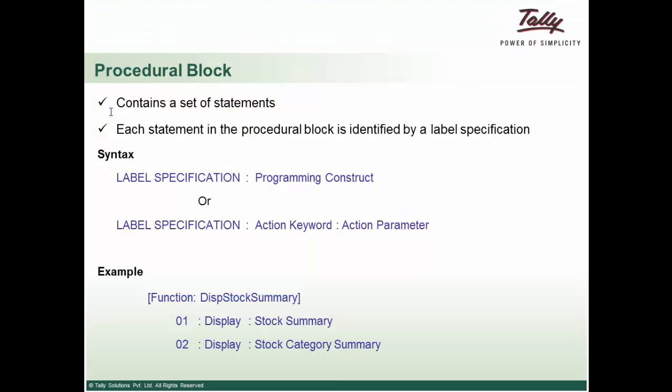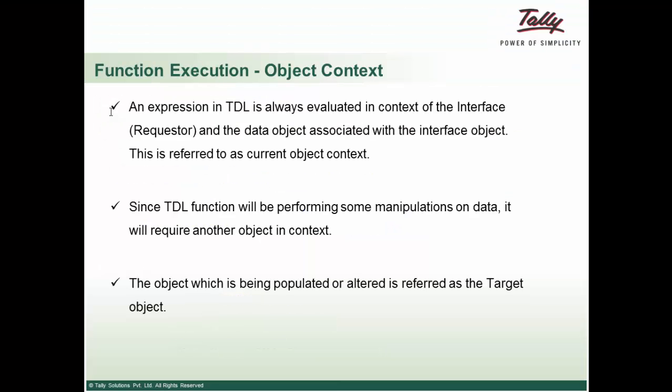Right. So coming back to the discussion about the object context. As I had mentioned earlier, the function will be connected to the data object from where it is called. Since a TDL function will be performing some manipulations on the data also, it will require another object context also.